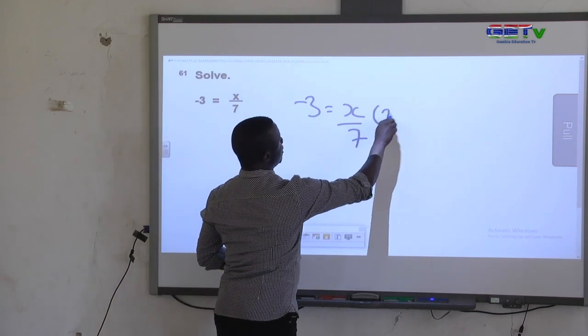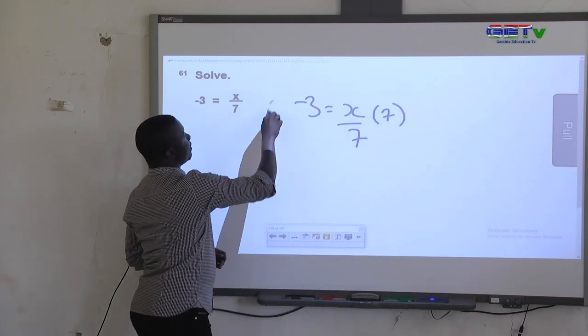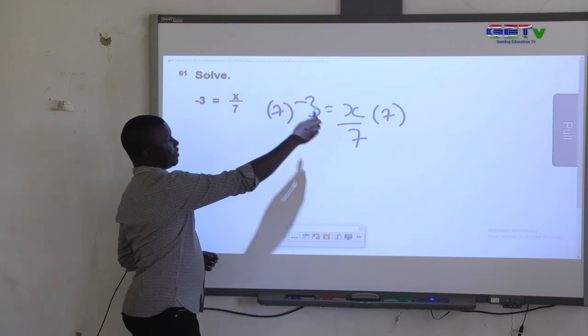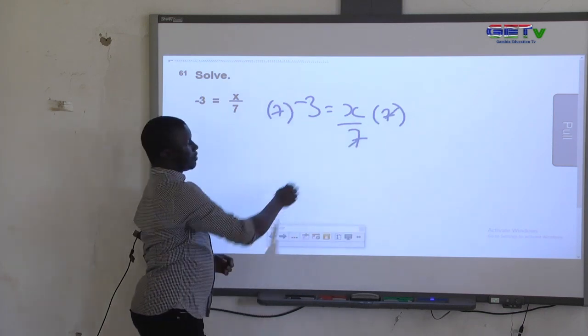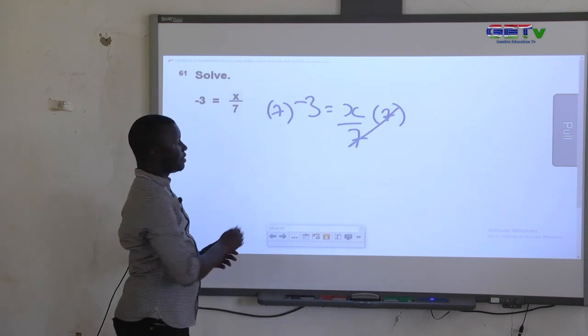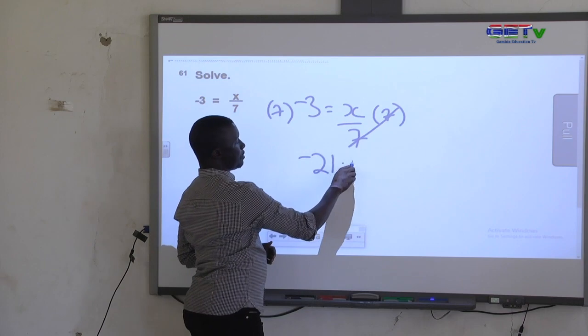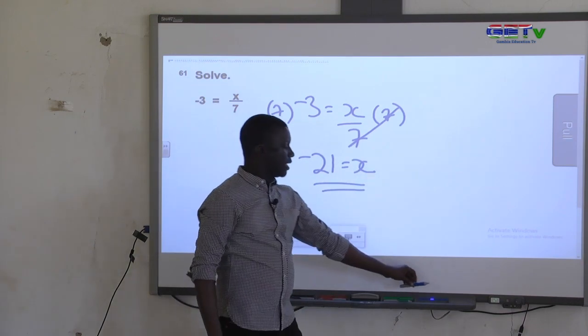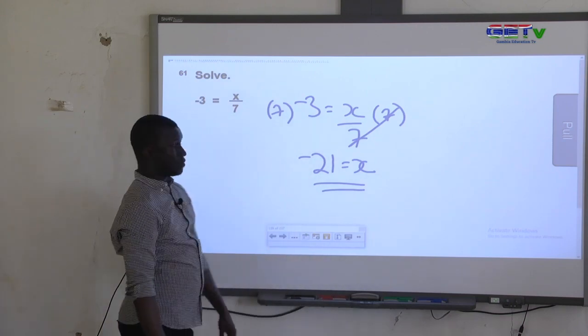In doing so, we multiply here by 7, and we multiply this side as well by 7. 7 undoes 7 here. 7 times negative 3 is negative 21, so negative 21 equals x.